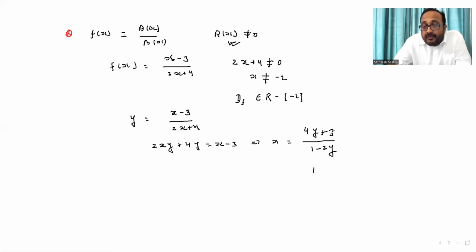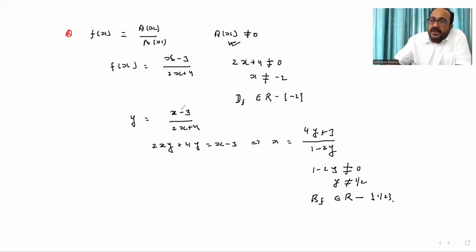Now again, 1 minus 2y should not be equal to 0. And in the numerator, it is a linear expression. So y will have all the real numbers, except y equal to half, because if you take y as half, then the denominator will be 0. So the range will be all the real numbers minus {1 upon 2}.